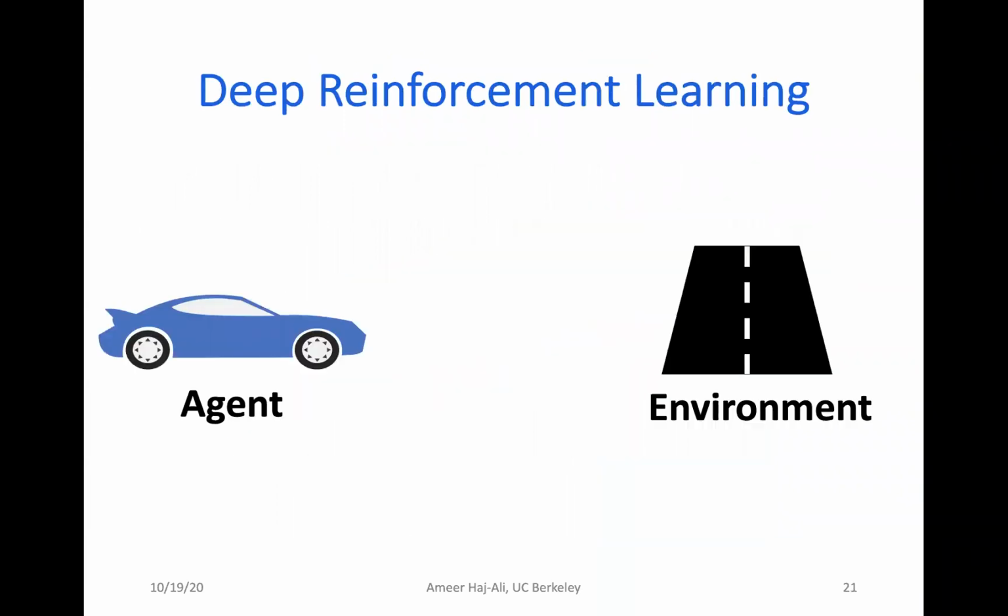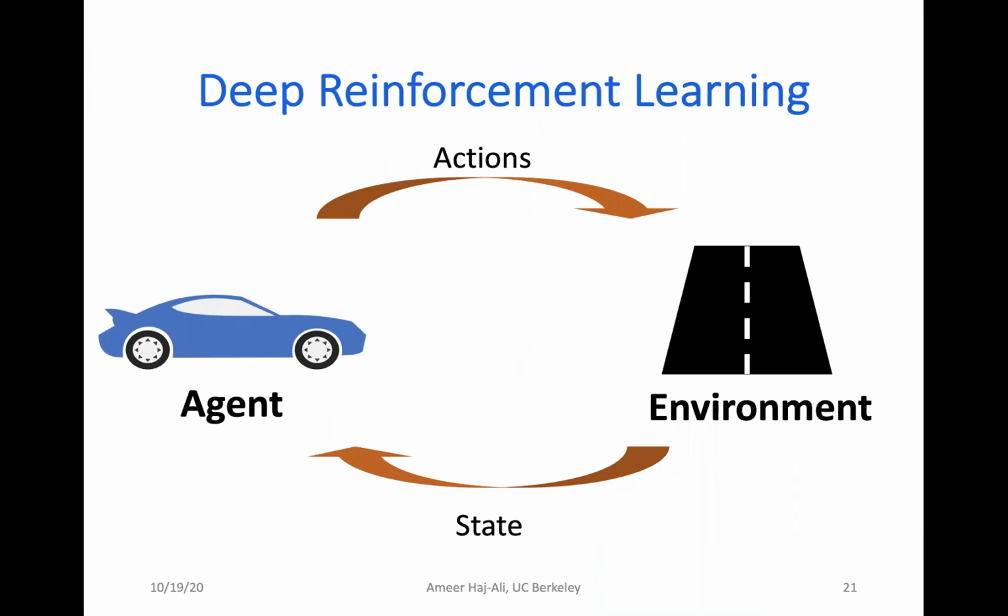So in deep reinforcement learning, we have an agent. You can think of it about, you know, a car driving on the street. This car or agent views the state of the environment. From this state, it takes actions in the environment. And to learn which good actions it should take, we can look at the rewards, which it collects by doing these actions.